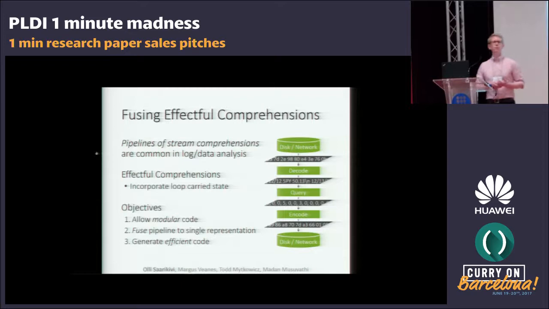So pipelines of comprehensions over streams of data are common in data analysis workloads. And these can include functional comprehensions that don't have any state and effectful comprehensions that incorporate some loop carried state. So we want to allow modular development of these pipelines that can include both functional and effectful components. And then we want to fuse them into a single representation from which we can generate efficient code.